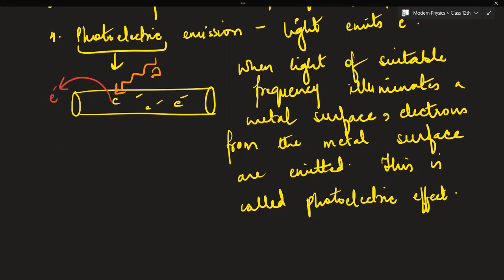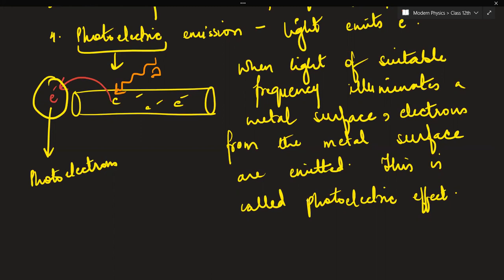All right. So Hertz also made certain observations. Hallwachs and Lenard's observations were also present, and through all the observations, it was concluded that emission of electrons from a metal surface when electromagnetic radiations or any light ray that has a high frequency is incident, is known as photoelectric effect. And such electrons that are emitted from the photoelectric effect are known as photoelectrons.